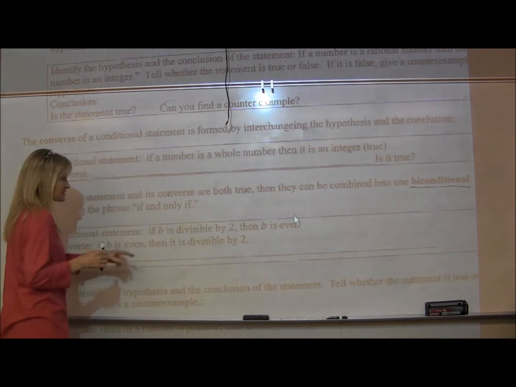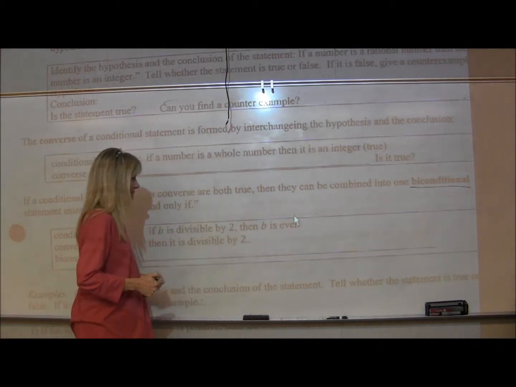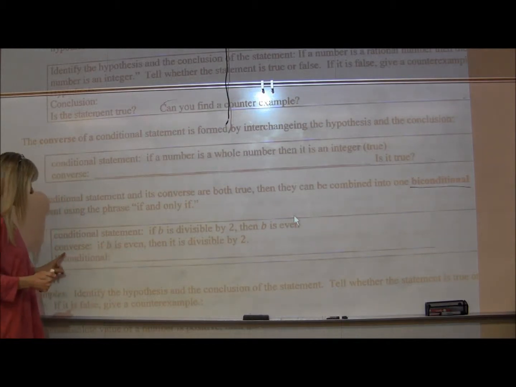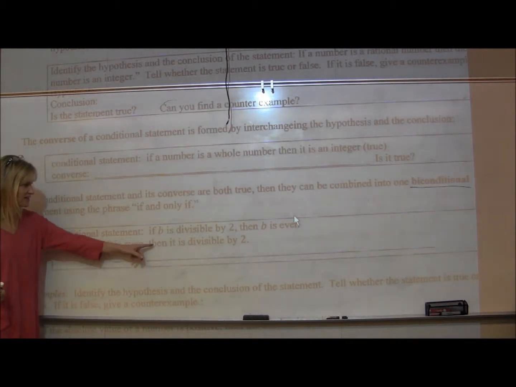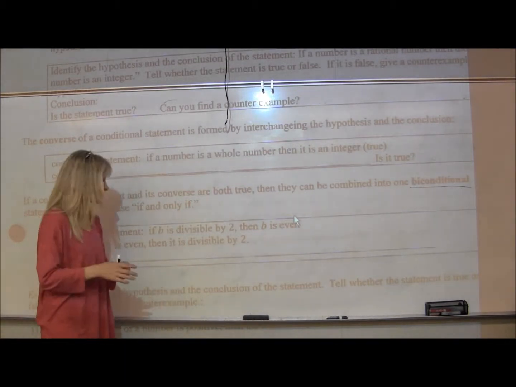Okay? So let's look at this one. If b is divisible by 2, to get a whole number, that's what we generally mean by divisible by 2, then b is even. The converse of that is: if b is even, then it is divisible by 2. I think we agree that those are both true.